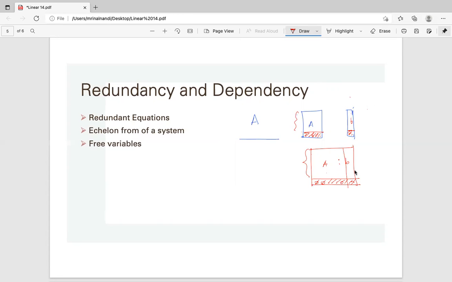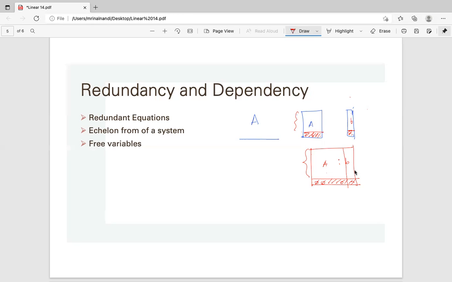If any row is a linear combination of the other rows in the augmented matrix, then the equation is just redundant. And if it so happens that there is a row of A which is a linear combination of other rows of A, but the corresponding row of AB, the augmented matrix, is not a linear combination of the others, then this is an inconsistent system.